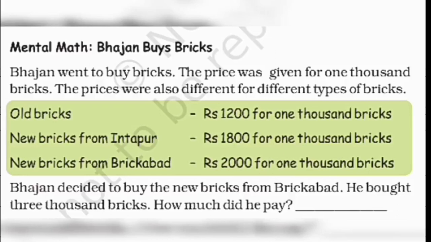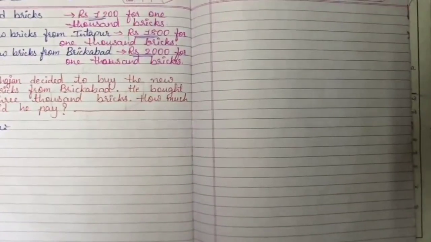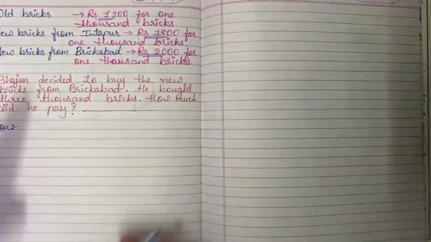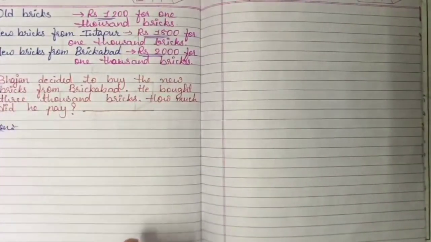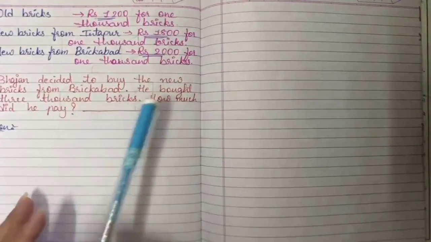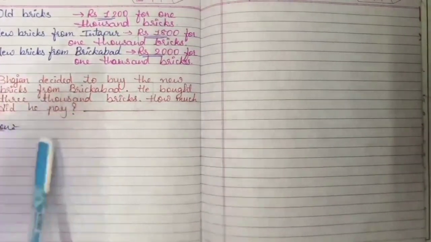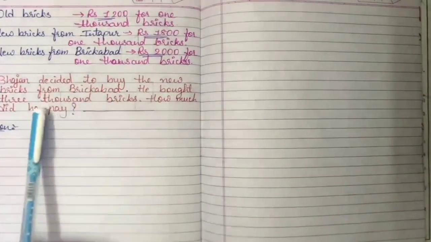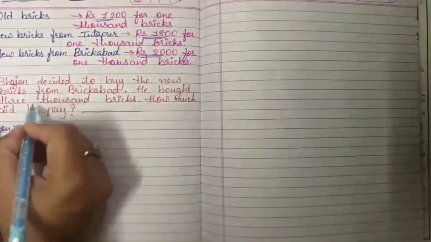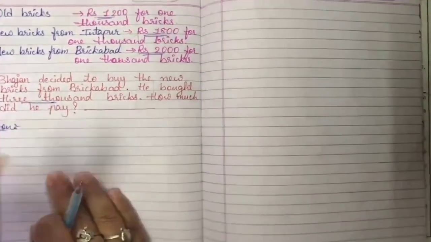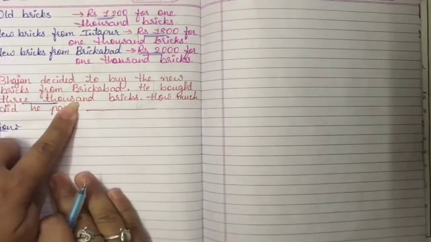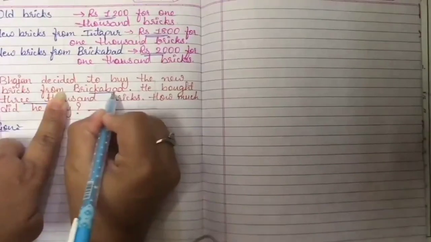Okay, for this we have to do the solution of the bricks. As you can see the question right ahead, let's solve it: how much did Bhajan pay for the bricks, or in total how much had he bought? He had bought 3,000 bricks. Remember this, that he had bought 3,000 bricks from Brikadabad.